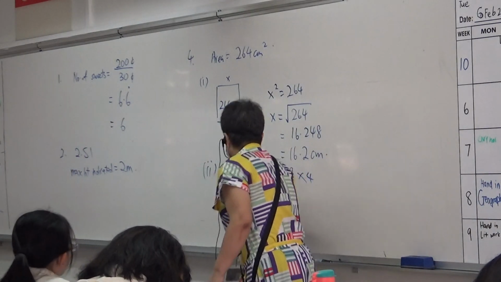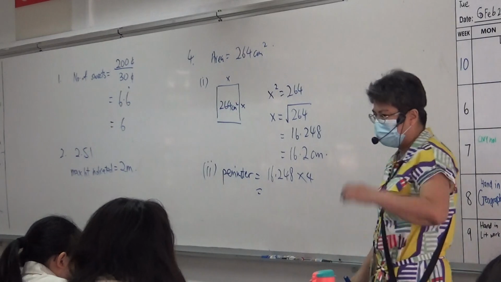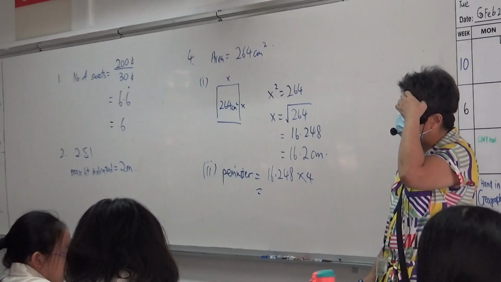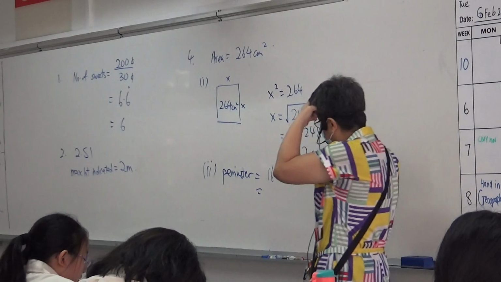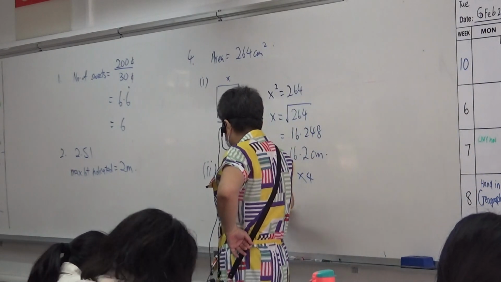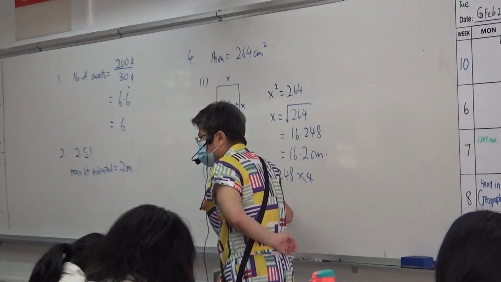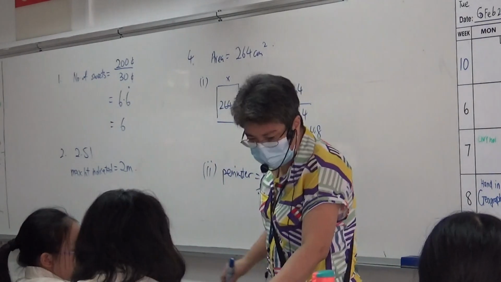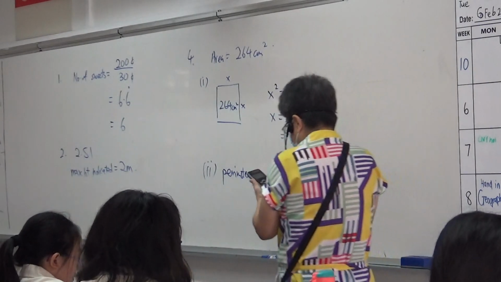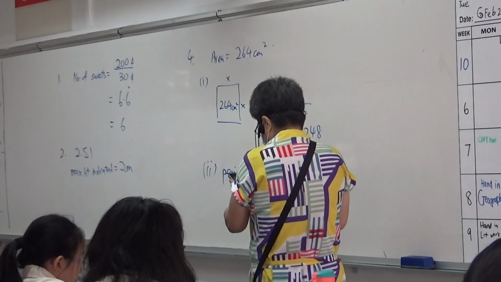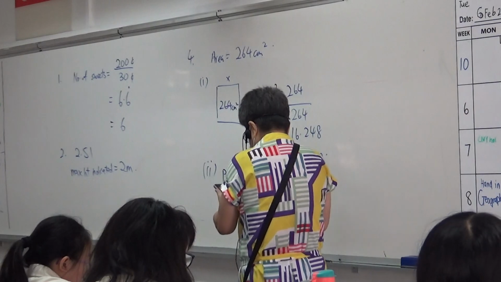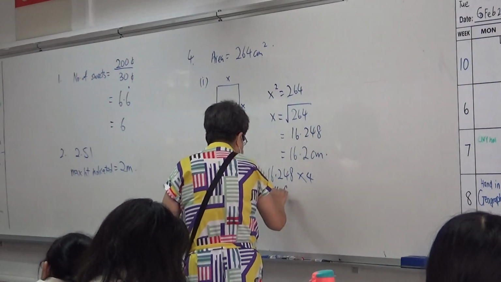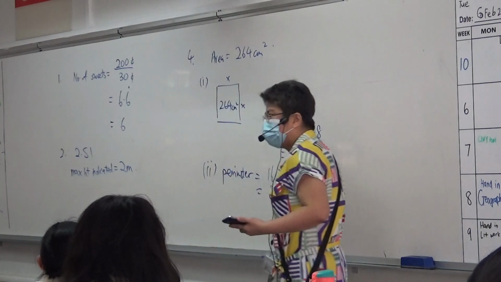60.248. Okay, give me the answer first. Give me the number. This number is over the calculator. 64.995.